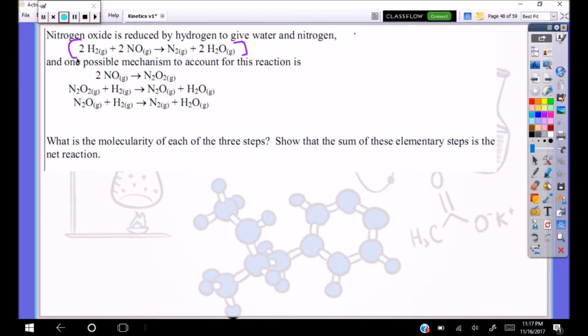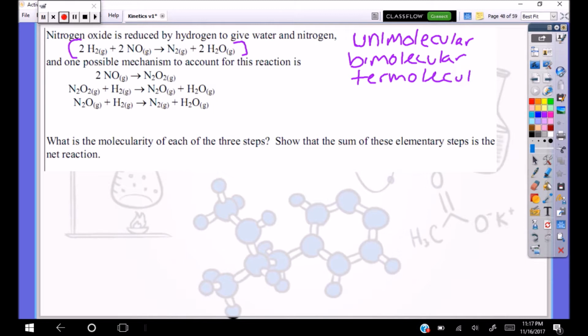So remember, we've got 3 types. We've got unimolecular, we've got bimolecular, and we've got termolecular. Okay. Now, we only want to focus on our reactants.